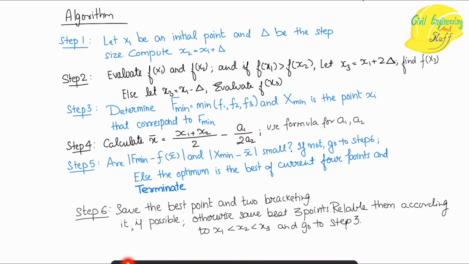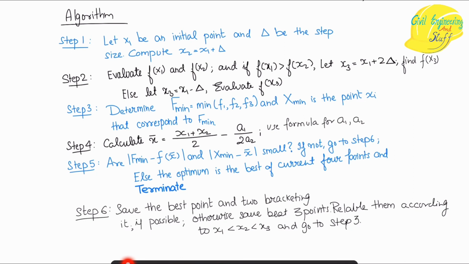Let's say if x1 is giving the minima, then our x minimum will be x1. Likewise, if the function value of x2 is giving the minima, then x2 will be the minimum, depending upon the function we are dealing with.